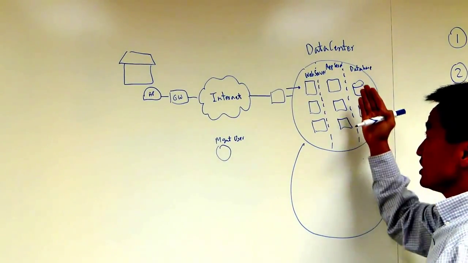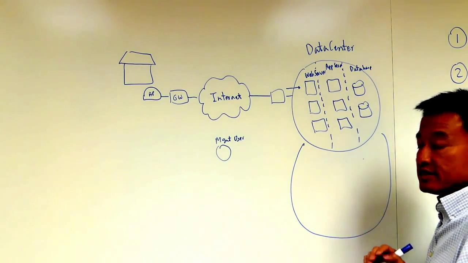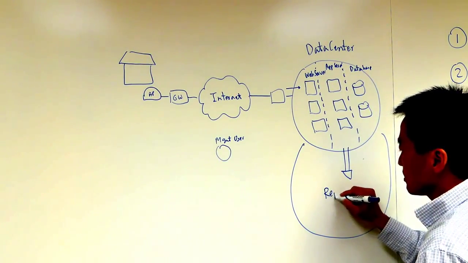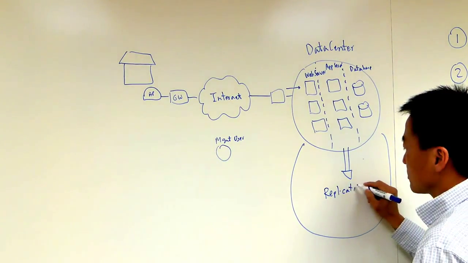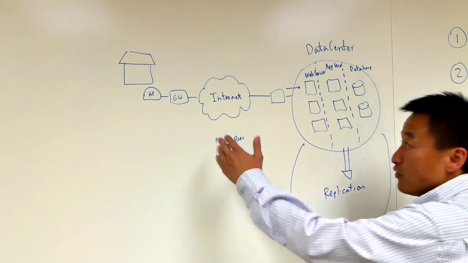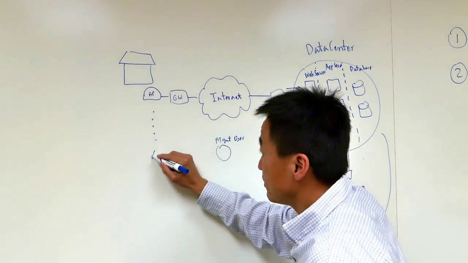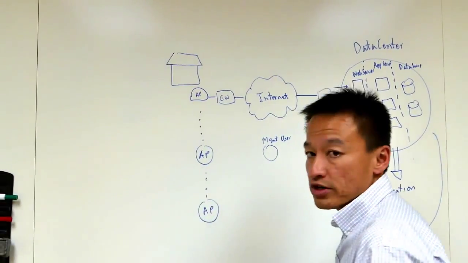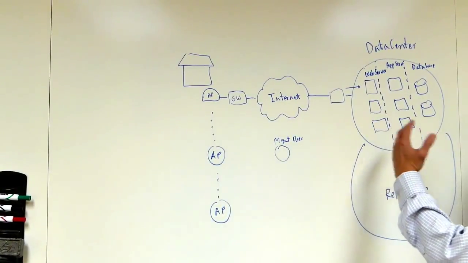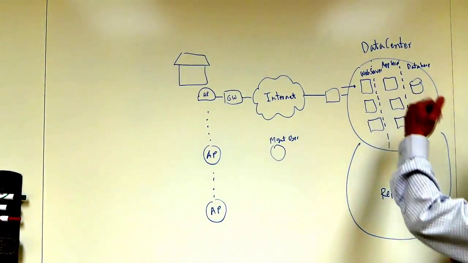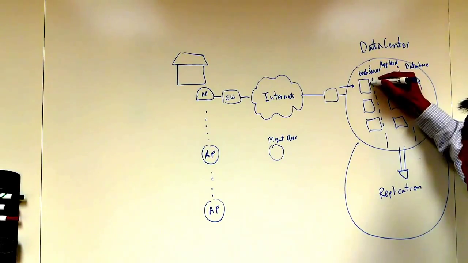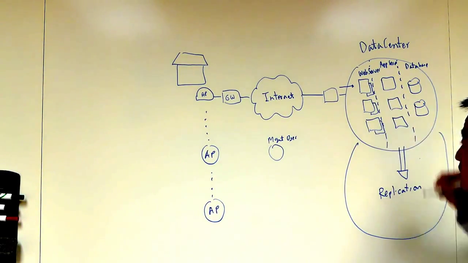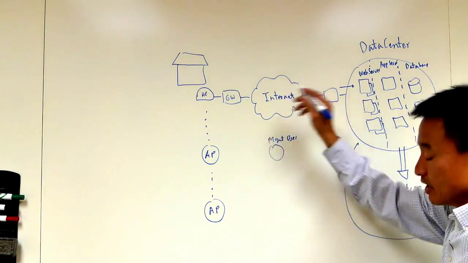In the case that one data center goes down, automatically the other data center will replicate the content. Similarly, if we have a lot of access points deployed in the environment, let's say hundreds of thousands of access points, then simply to scale the capability of Business Central, we add multiple web servers to handle more requests coming from the network.